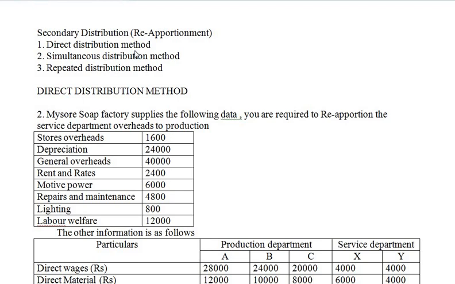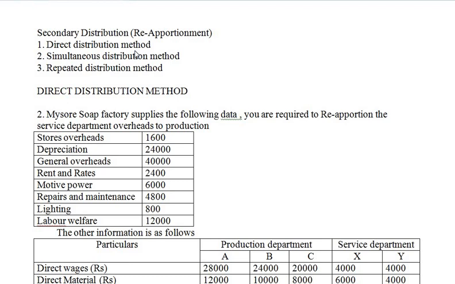Such distribution is known as secondary distribution, also known as apportionment only to production department. It means whatever total overheads we get, that has to be distributed, only service department's overheads should be distributed to production departments. In what ratio, that will be given in the problem.